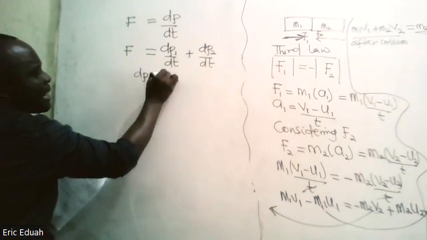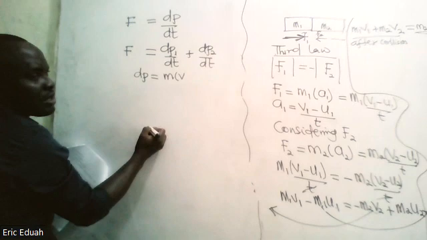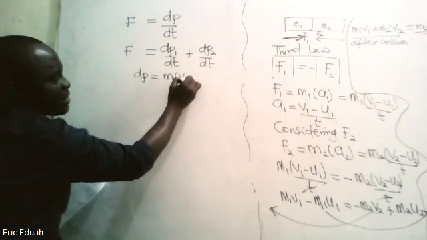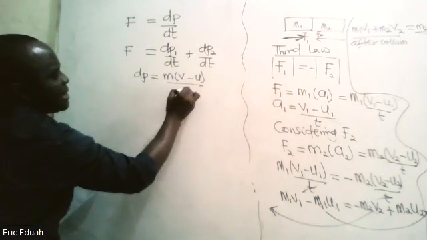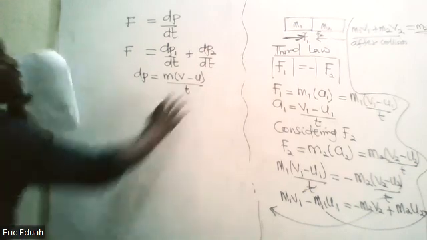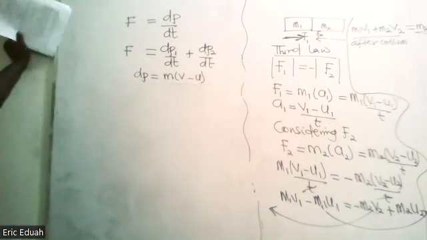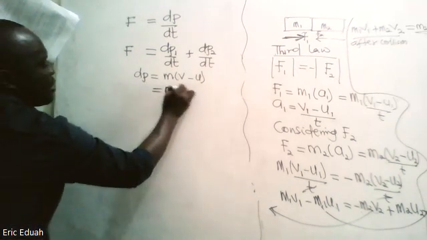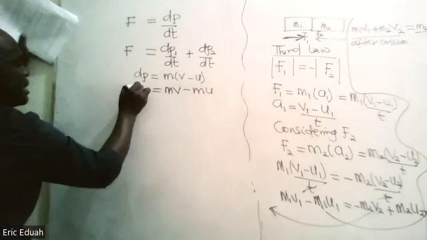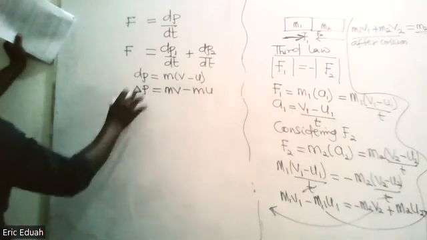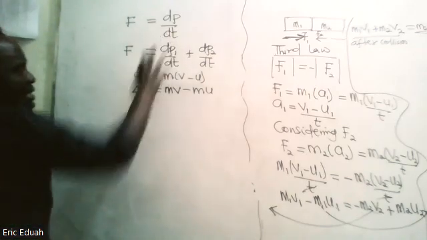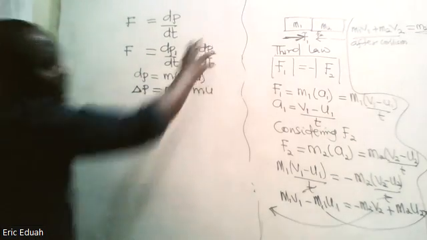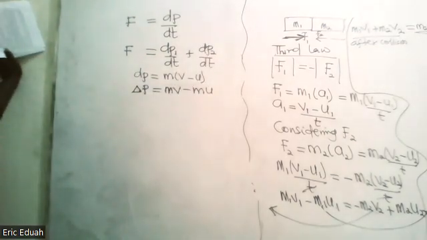Change in momentum is mass times velocity, sorry, no. So mv minus mu. This is change in momentum dp or delta p. So let's find the change in momentum of the first mass, add it to the change in momentum of the second mass. Then when there is no external force, we will see what will happen.